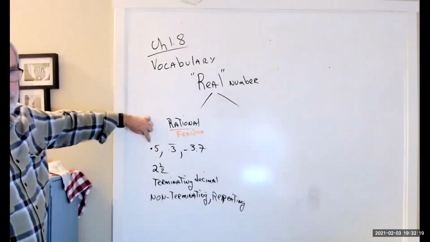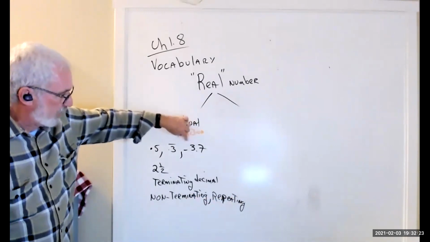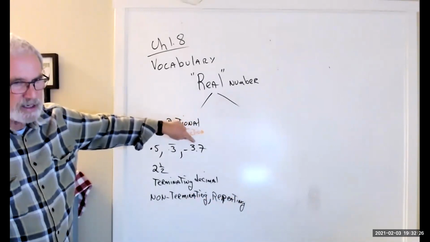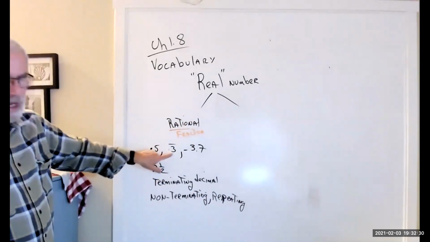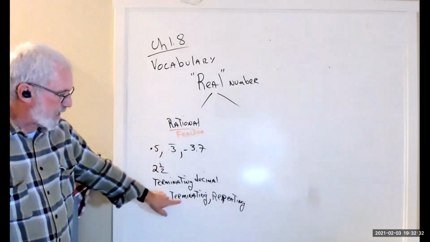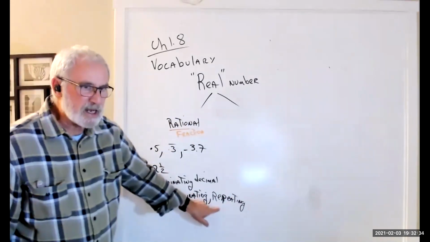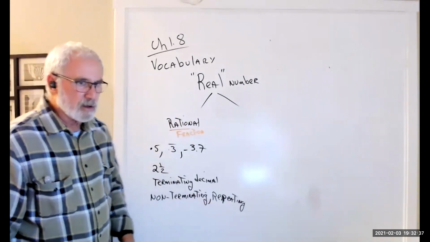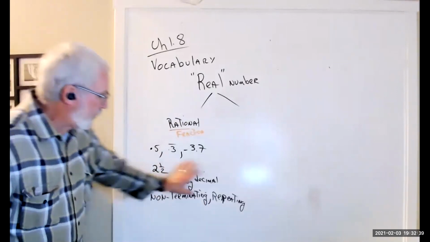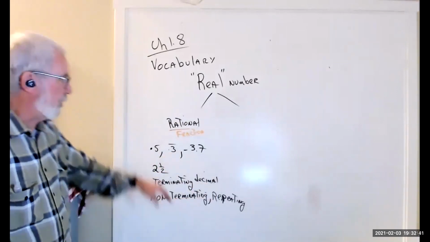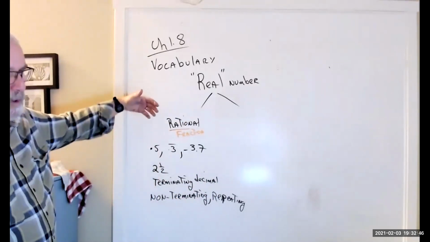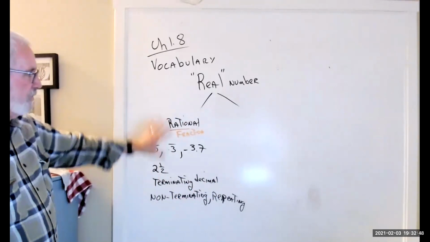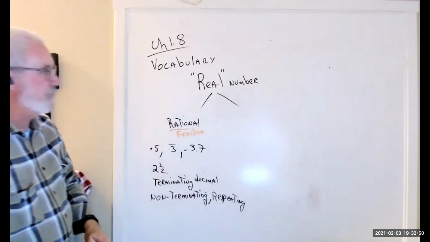The decimal stops. Negative 3.7 would be considered a terminating decimal because the decimal stops. 0.3 is non-terminating, but it's repeating a pattern. Anything that fits into this category is called a rational number. We're going to be using these quite a bit this semester, and I'll come back and review the vocabulary as we need it.